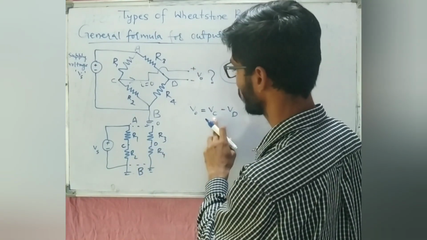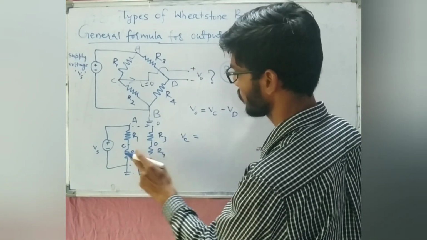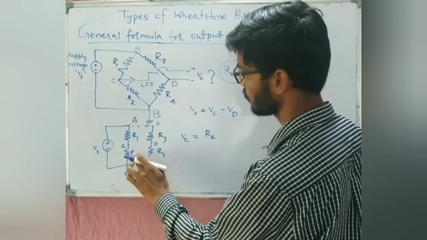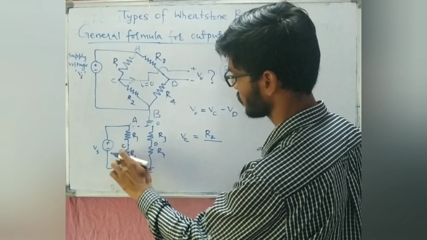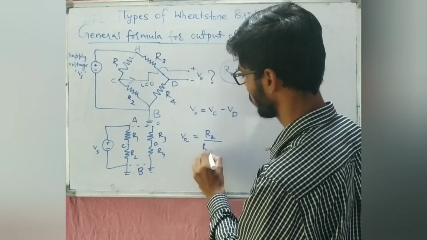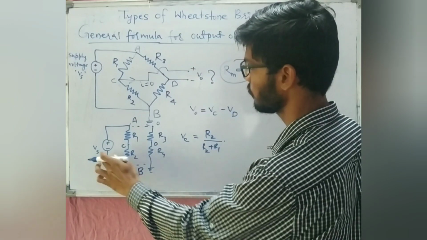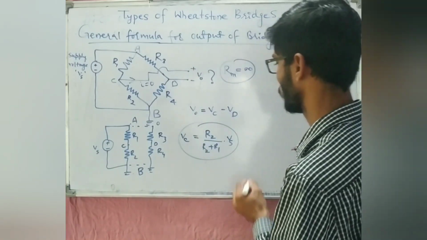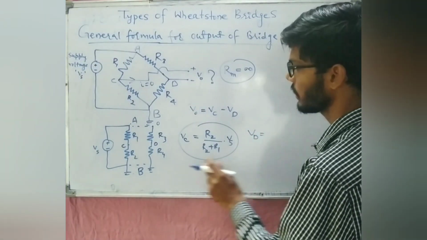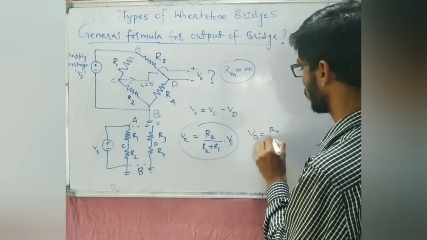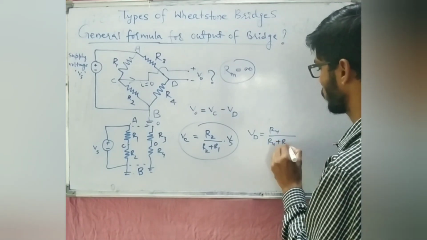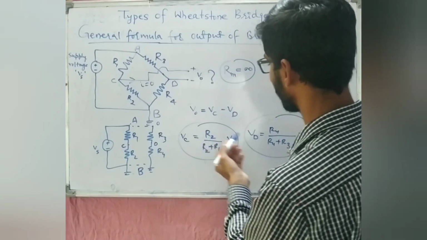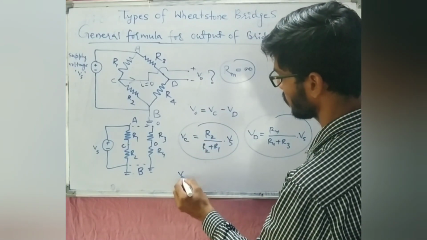So what will be the voltage at point C? You simply have to do voltage division. The voltage across CB is R2 divided by R2 plus R1 into Vs. This is the simple voltage division rule. And then the voltage at point D will be equal to R4 divided by R4 plus R3 into Vs. Now we just need to put the values in our output expression.